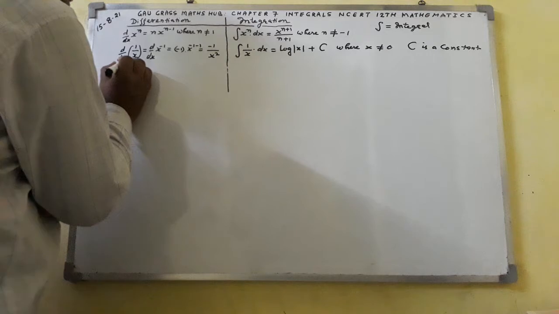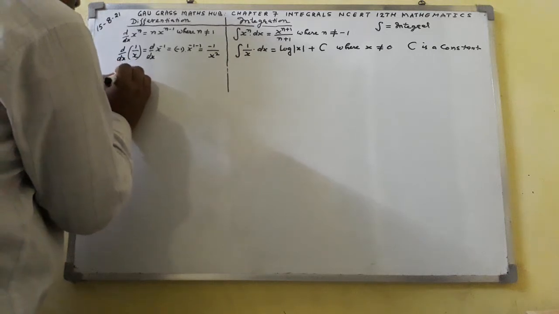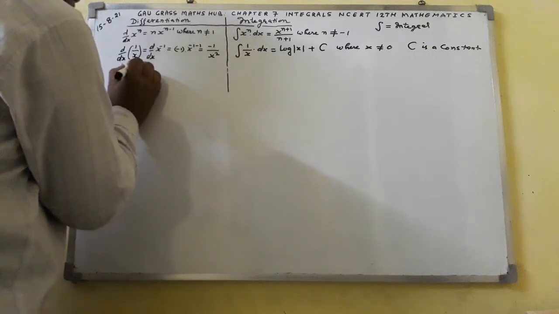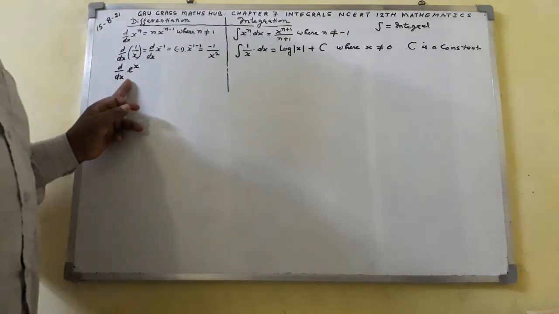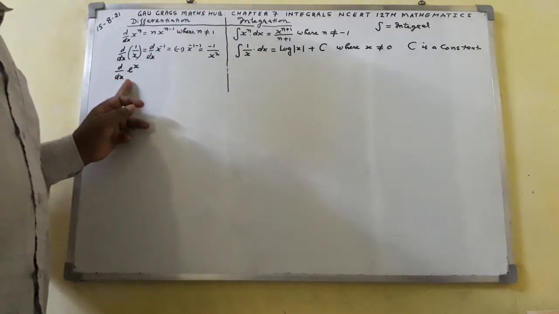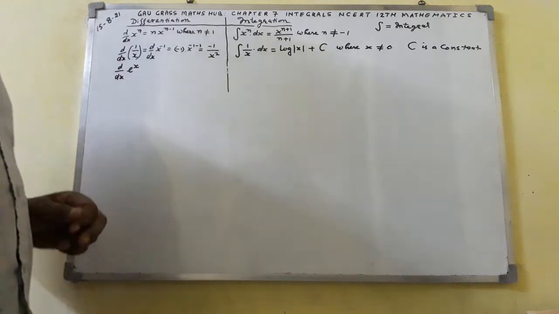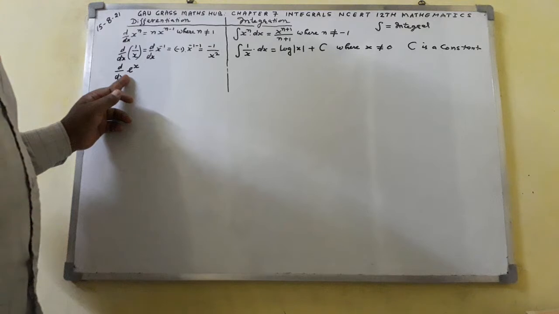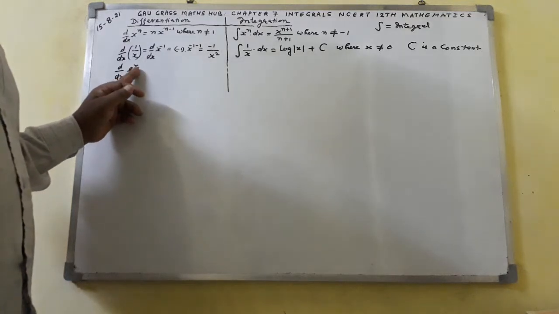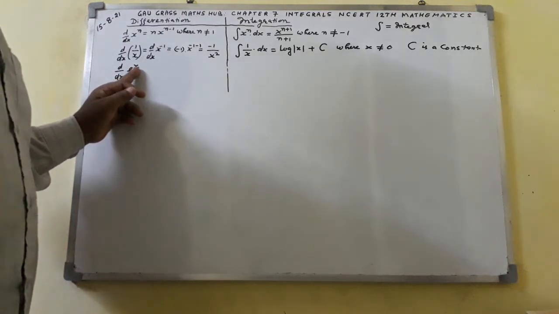Next formula I am going to take here, d over dx of e raised to the power x. Here e is an exponential function, x is a variable. e raised to the power x is an exponential function.